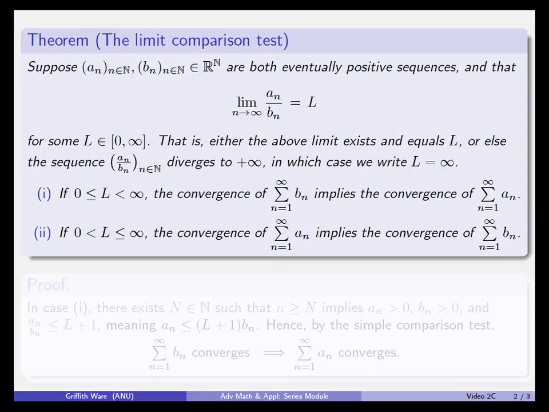It's not that tricky a proof, and I'm going to sort of highlight how it works just on this slide.